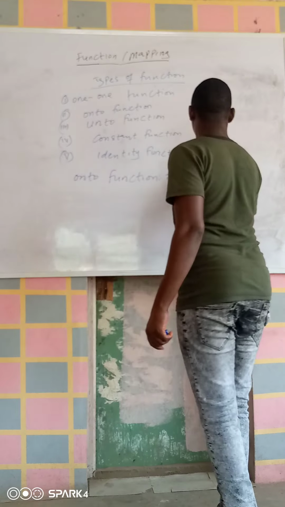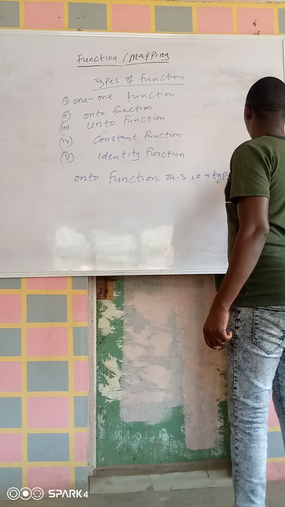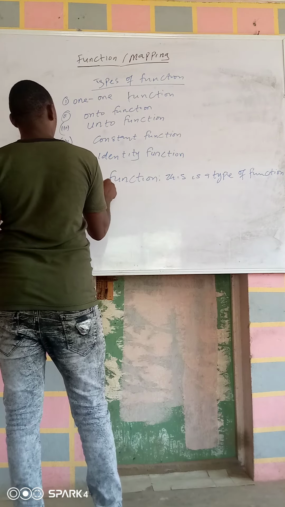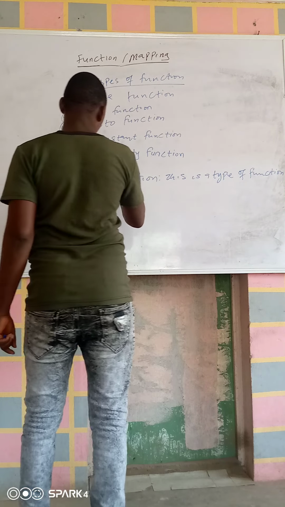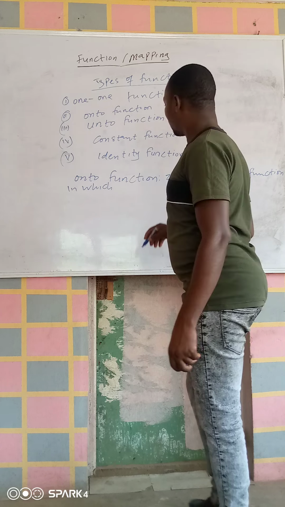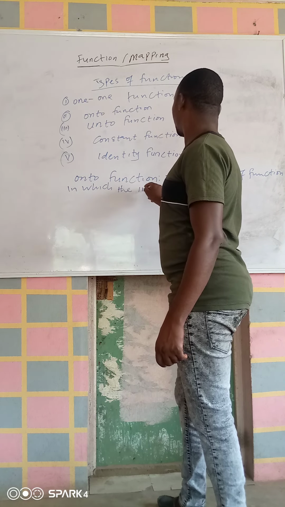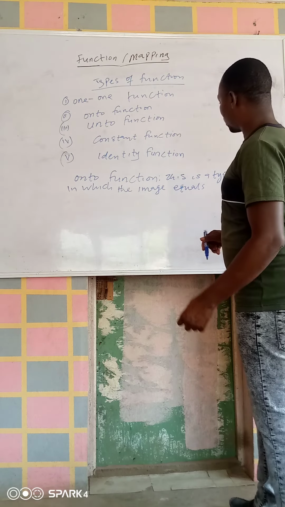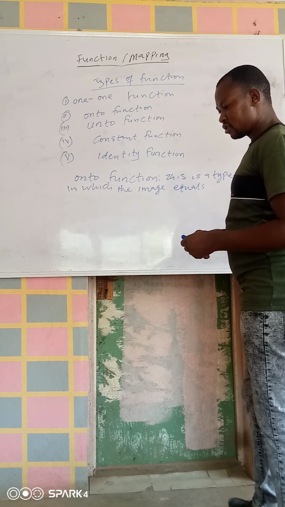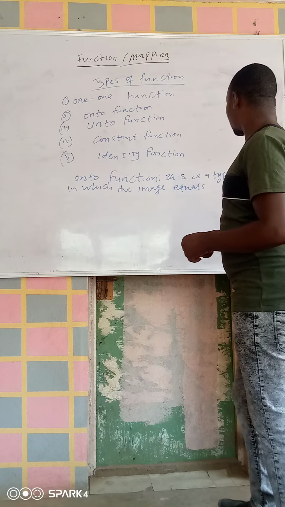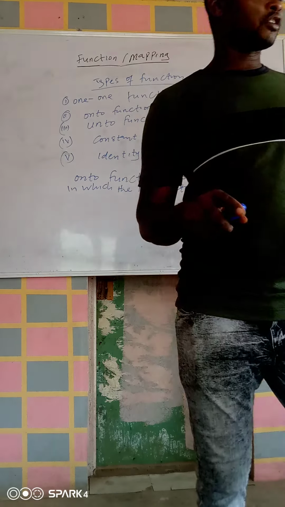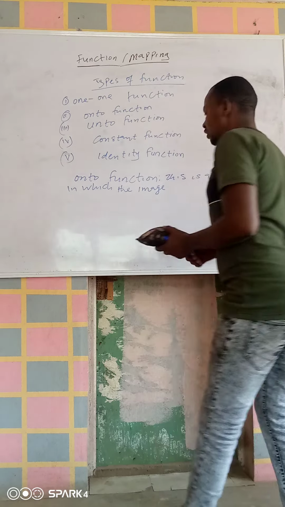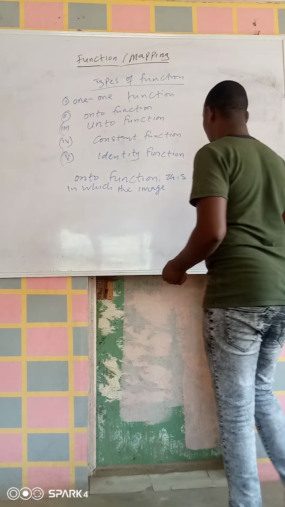This is a type of function in which the image is not equal with the codomain.